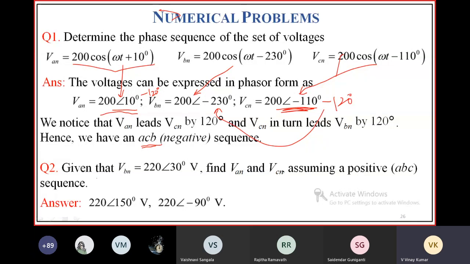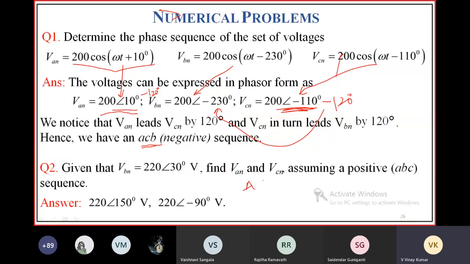Now coming to the last column. Given that VBN is 220 at an angle 30 degrees volts, find VAN and VCN, assuming a positive phase sequence. What is positive phase sequence?